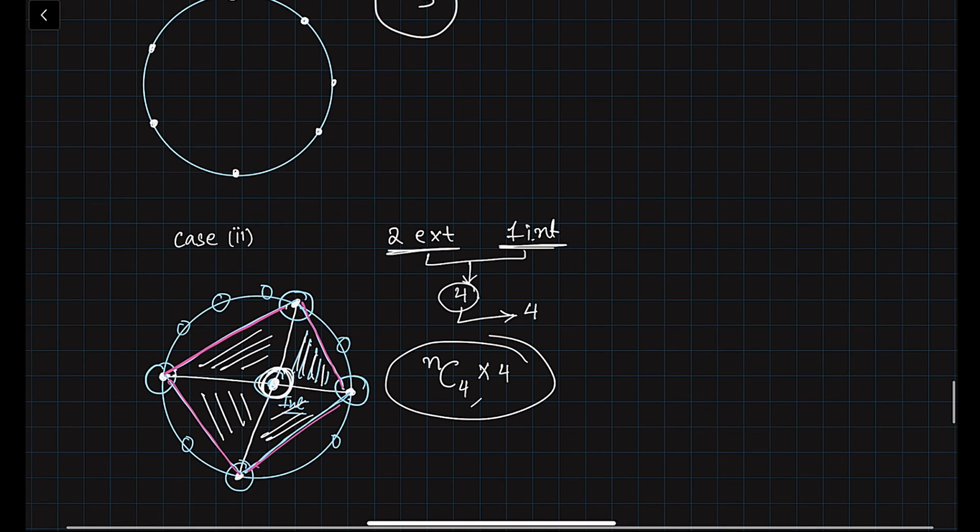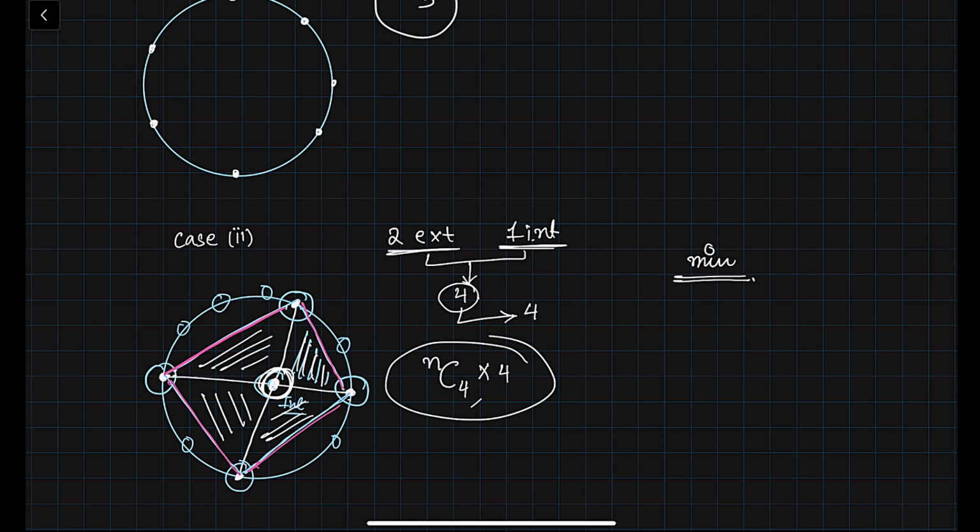Now I'm again stressing that we are choosing the minimum number of points required for 2 external and 1 internal points, so that we can get more cases and fewer cases are repeated. Okay. So now you can ask, we have chosen these 4 external points and these 4 triangles, but why are we not considering, say, this triangle?